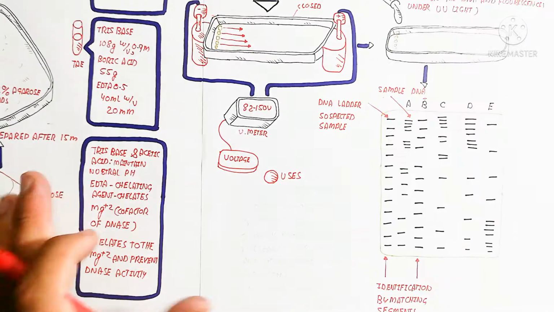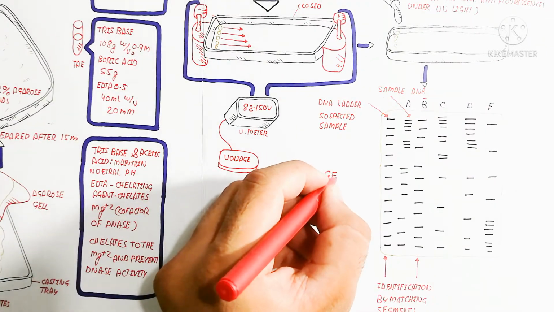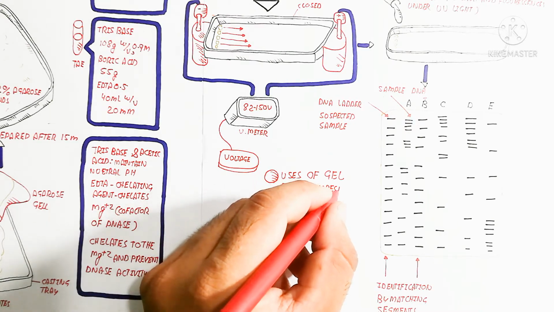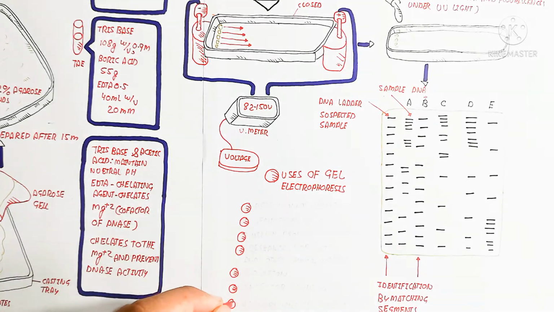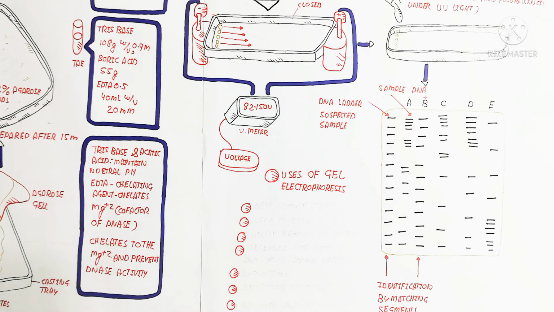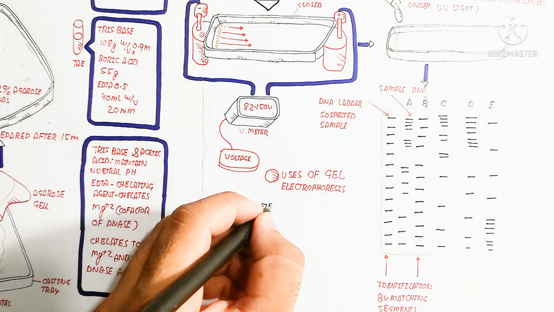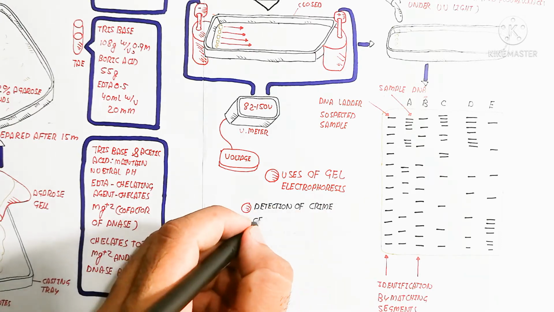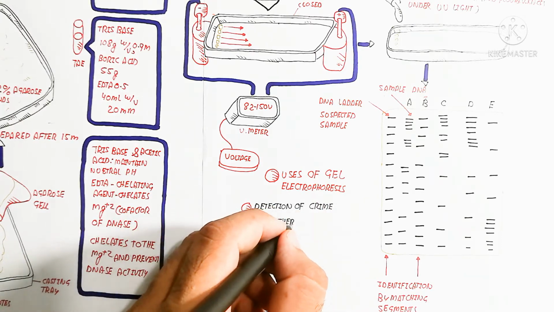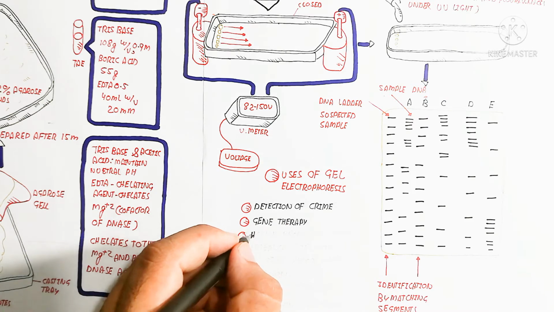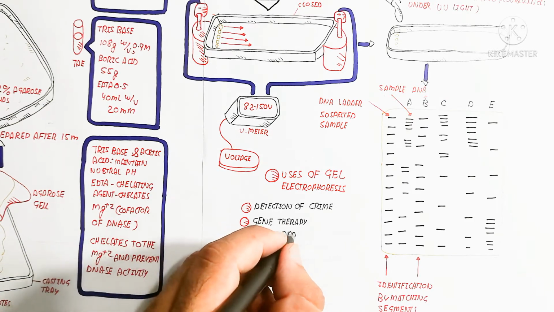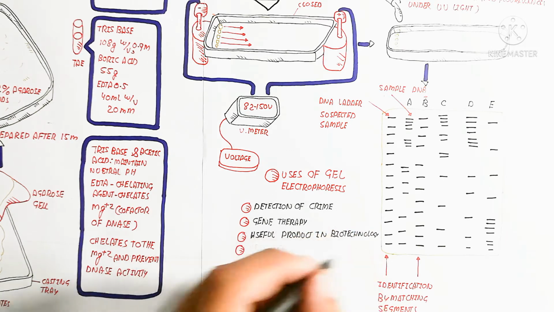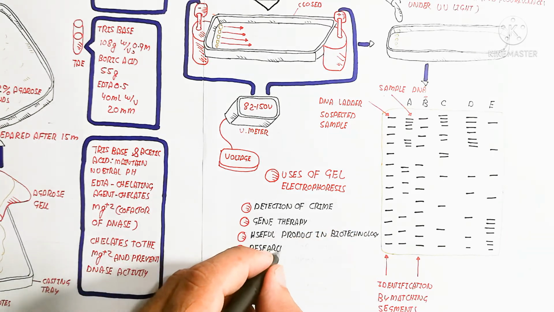For example, there are many samples which are not matching in this diagram. So on the other hand, the uses of gel electrophoresis in other biotechnological fields are the detection of crime first, and gene therapy. For example, gene therapy means we are detecting the segment of the DNA for the cancerous cell as well as the normal cell.